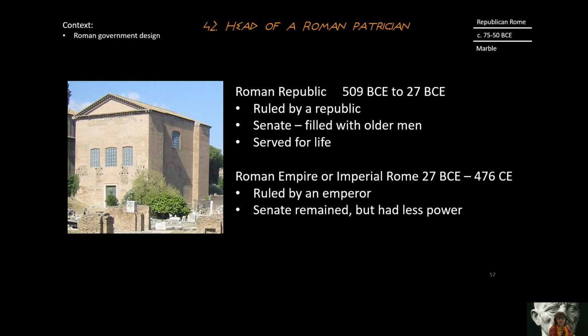At that point, when they became the Roman Empire or Imperial Rome, they didn't get rid of the Senate. The Senate stayed, but it wasn't making some massive choices. The Roman emperor would have wanted to make it look like the Senate was making some decisions, but they didn't necessarily have a lot of power.